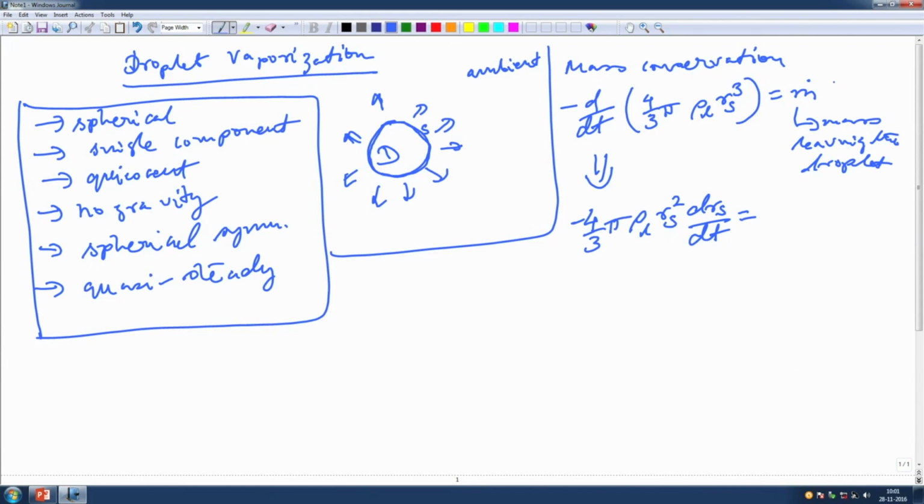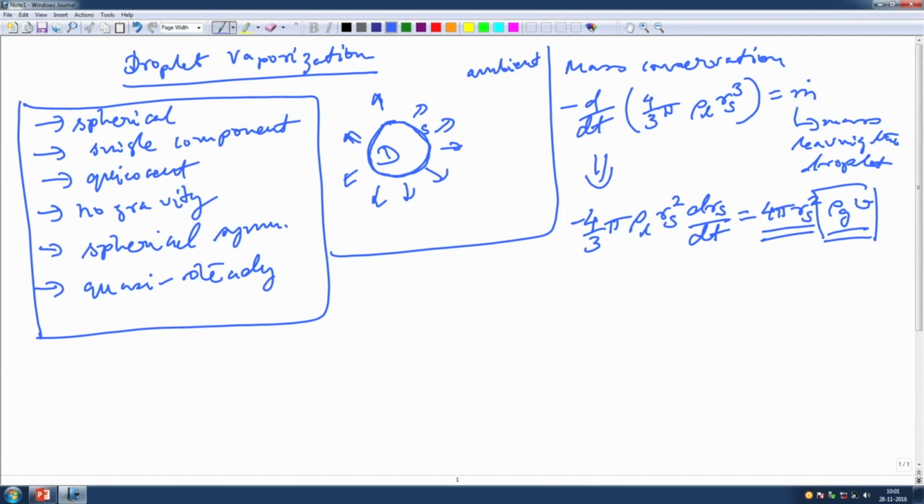The right hand side, if we write it in terms of the gas phase flux, is R_s square rho_g into some velocity. Is that not correct? This is the mass flux, this is the area, and this is the flux with which the gas is leaving.